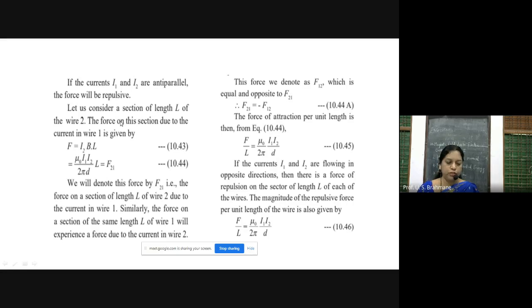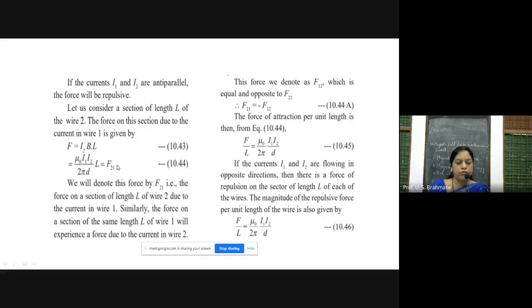I told you this initially. Let us consider a section of length L of wire 2. The force on this section due to the current in wire 1 is given by F equal to I2 B L. Now instead of integration dl, we are taking a small section of length, that is capital L, and we know the value of B. So F is equal to mu 0 I1 I2 L upon 2 pi d, which is equal to F21.